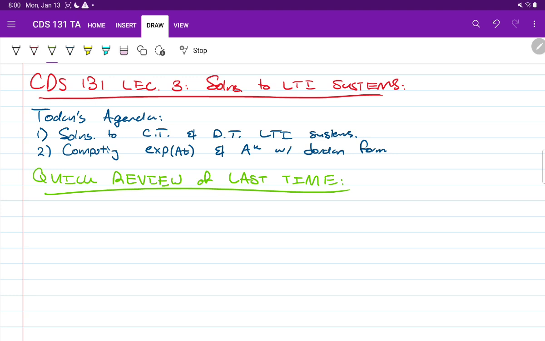If you remember in the previous lecture, a lot of what we focused on was constructing solutions to linear time-varying continuous time systems. We found that a key tool that arose in this study was something called the state transition matrix.